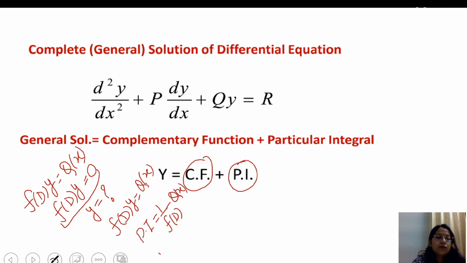Now we have to learn one by one how we are going to find out the complementary function as well as the particular integral. And after learning these two, we'll add the two solutions, that will give us the general solution. I hope it will be clear.